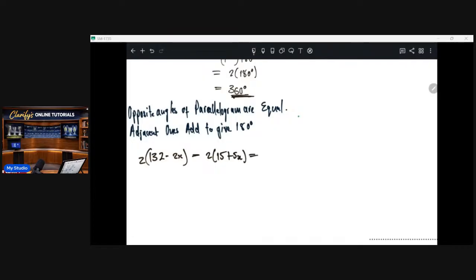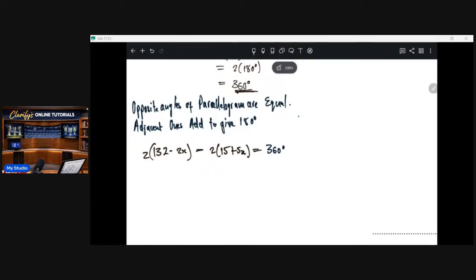So this is what you write. This is going to be equal to 360. We have added all the angles in our parallelogram, and we know they should give us 360 because that's what we just saw.